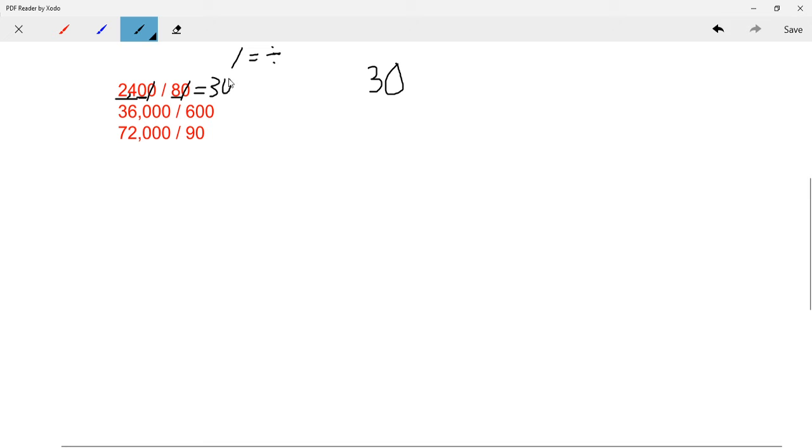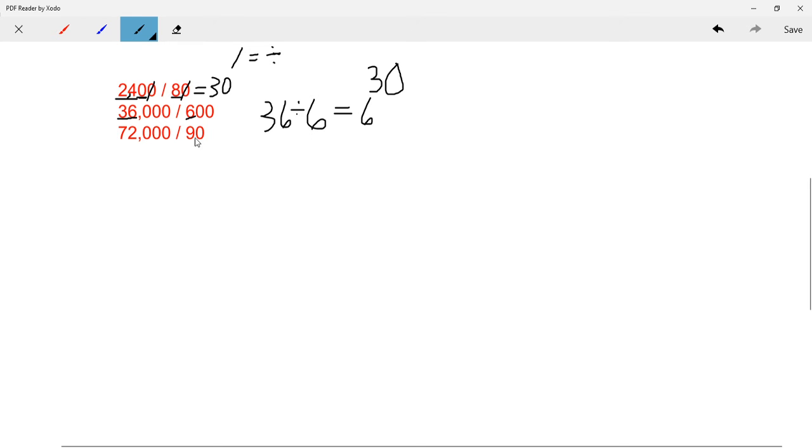So that is basically the trick: we figure out what the base fact is. So 36 divided by 6. What is 36 divided by 6? Okay, that equals 6.